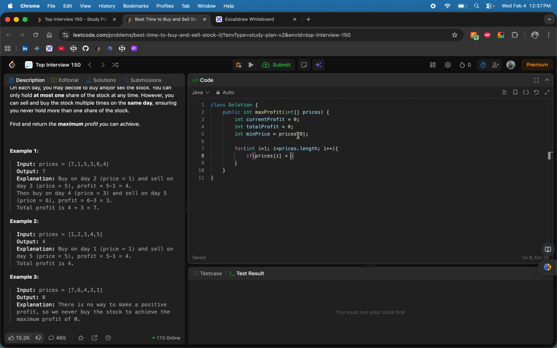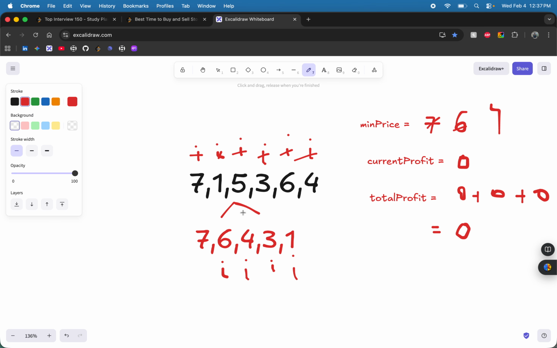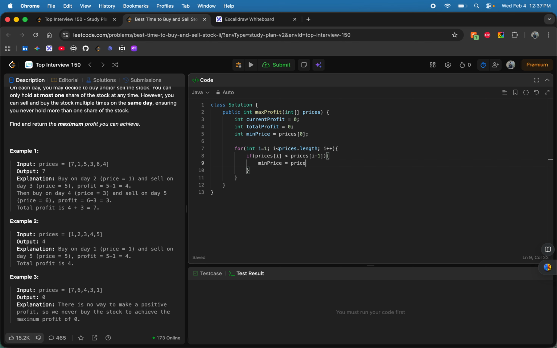So therefore whenever prices i is less than prices i minus 1, first we will update the mean price. So from here the mean price will be prices i. Then we have to update the total profit, plus equals whatever the current profit we have encountered now, and we update the current profit as 0.